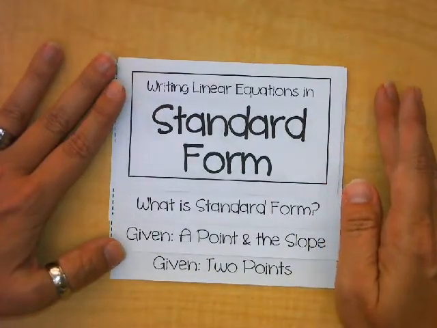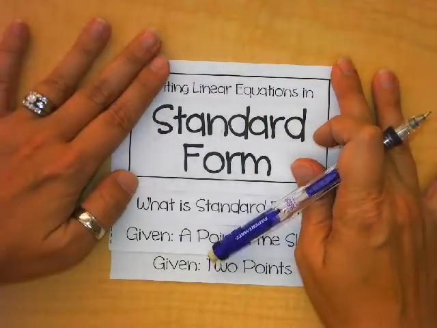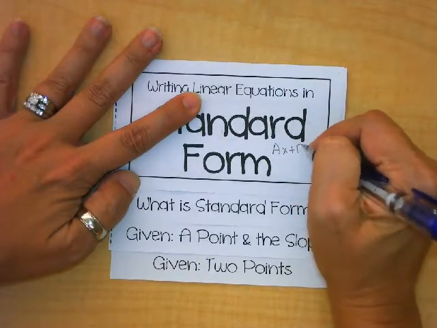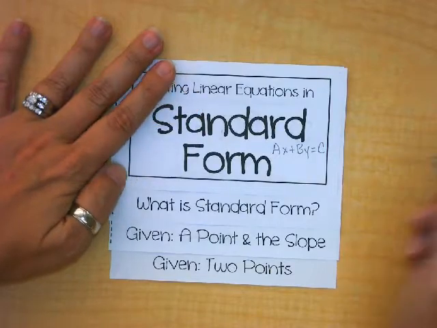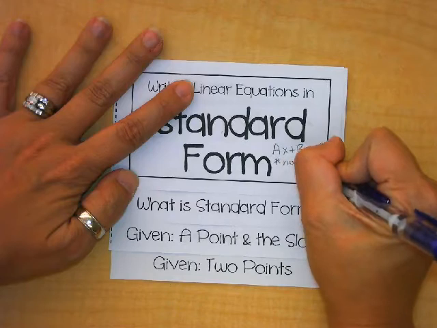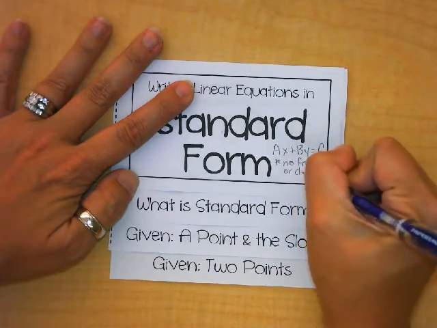Things that we need to keep in mind, writing linear equations in standard form. So again, we're going to write ax plus by equals c, and then we're going to put some stars here. No fractions or decimals.